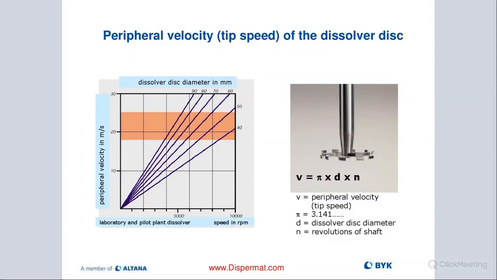So if you have a 50 millimeter blade, you would express that as 0.05 times 3.14 times the RPMs of the Dispermat. If you're running, let's say, 5,000 RPMs, then you multiply that by 5,000 and divide everything by 60, and that will give you the current tip speed that the machine is running at.